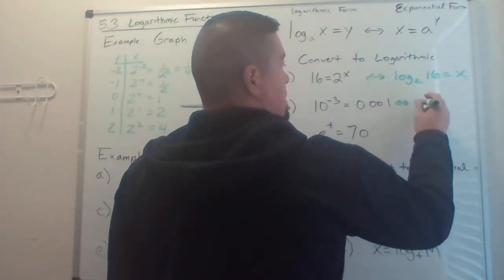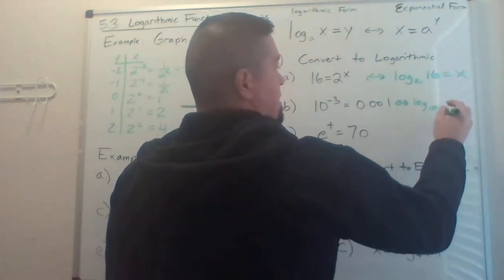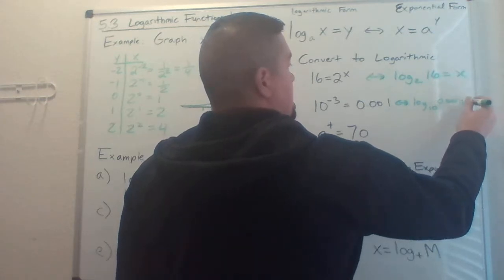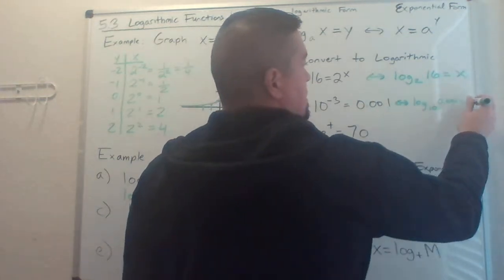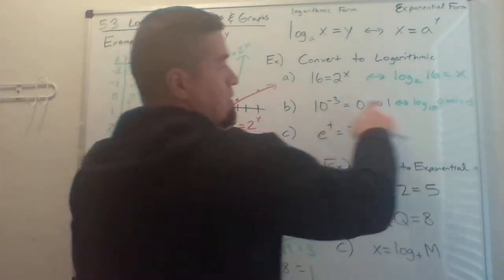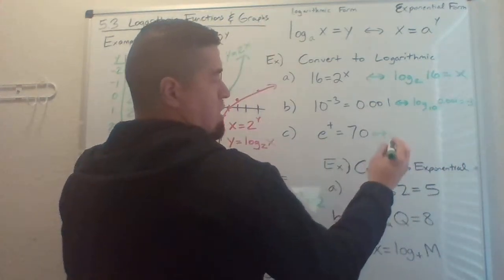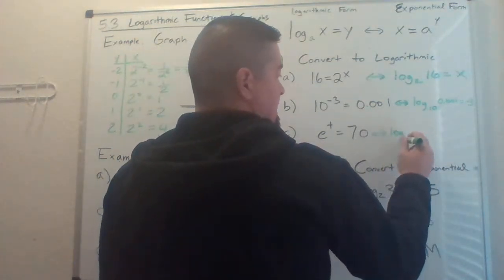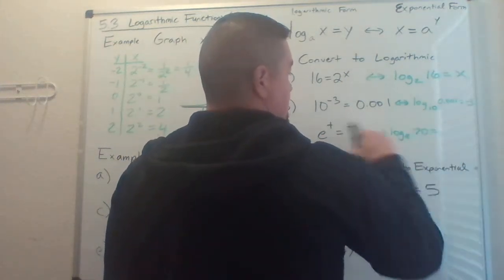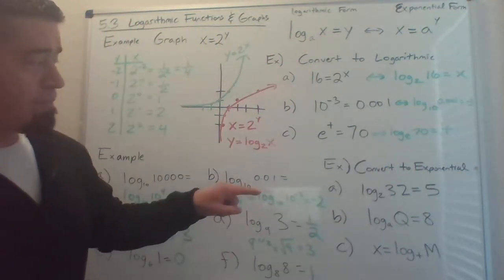Here, you're going to have log base 10, this is the base, of 0.001 equals the exponent. Okay, so the exponent always is what the log equals. Here, I have log base e of 70 equals the exponent t. So we've just converted those three into logarithmic form.